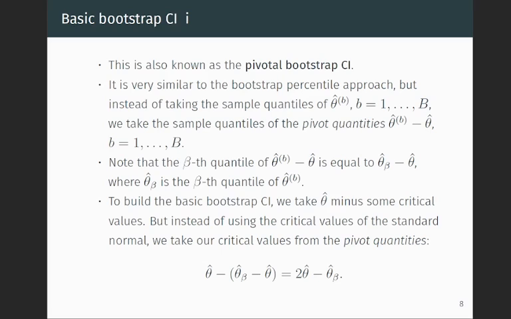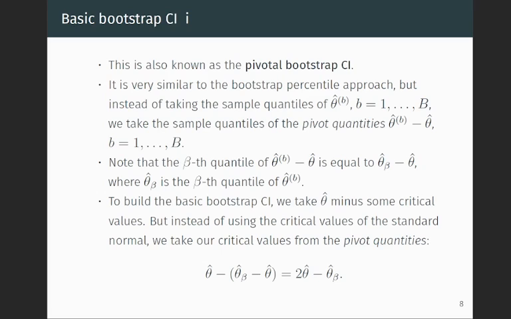So we're subtracting theta hat, which is the estimate on the whole data, the original data set, from all of the theta hat b's, and then taking the sample quantiles from these quantities. Note that the beta quantile of those pivotal quantities you can actually get from the sample quantiles of just the bootstraps. You can check when you subtract a quantity like this, that's a monotone transformation, so it preserves quantiles.